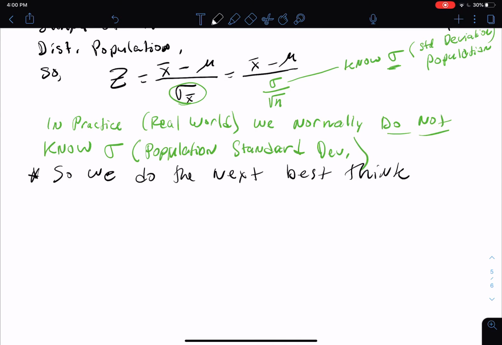If you don't know the population standard deviation, the next best thing is to use the sample standard deviation.